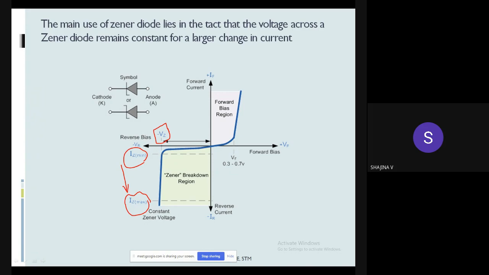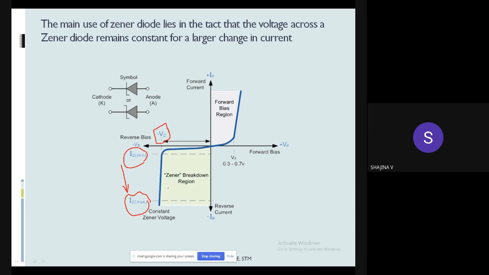Okay, so we are designing the Zener diode to operate in this Zener breakdown voltage. For that we have to provide reverse bias, because under reverse biasing condition this property arises, that is for a minimum to maximum value, for a large value of current, the voltage across the Zener diode will be constant.